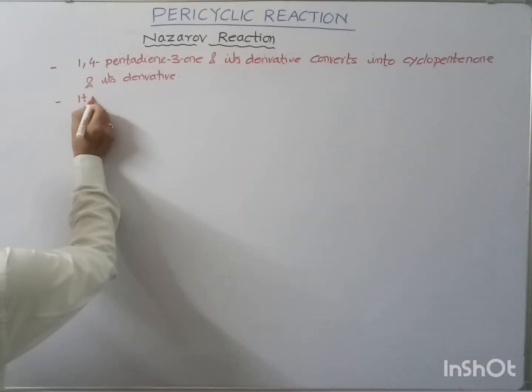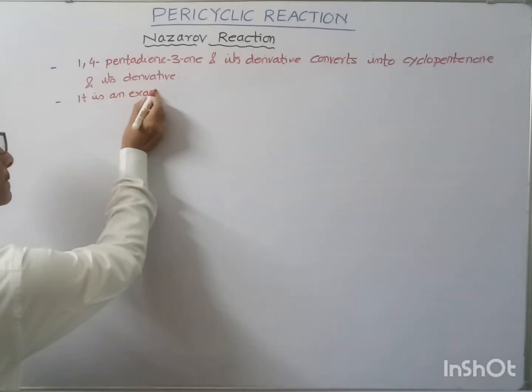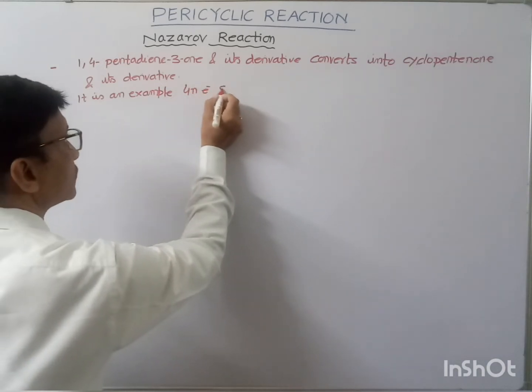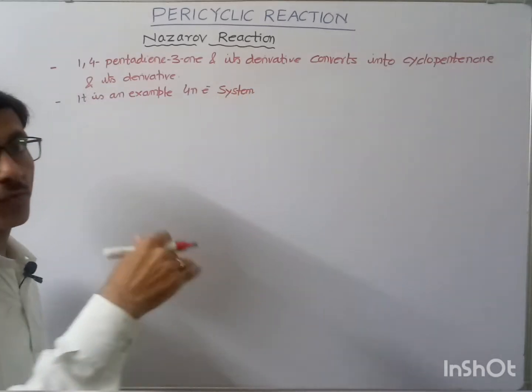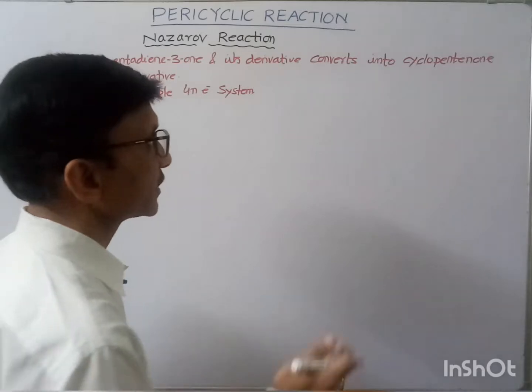So it follows the selection rule for 4n electron system. So what was the selection rule, the electrocyclic selection rule?